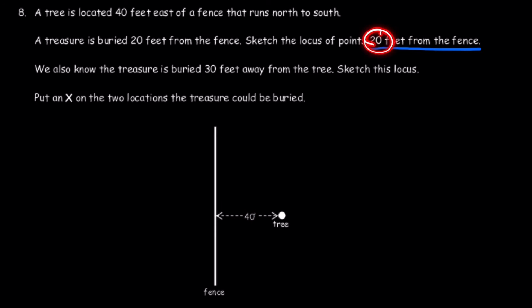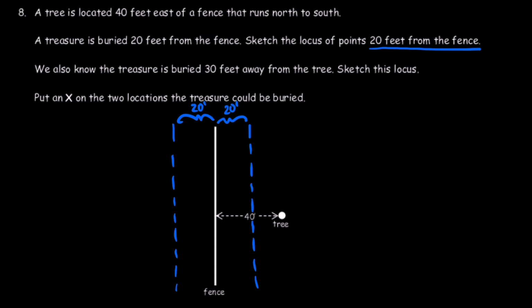So how does 20 compare to 40? Well, it's half. So this line here is going to be halfway between the fence and the tree. So make sure when you sketch that in, it's semi-accurate. And then don't forget you've got one on the other side too. That distance is 20, and that distance is 20.